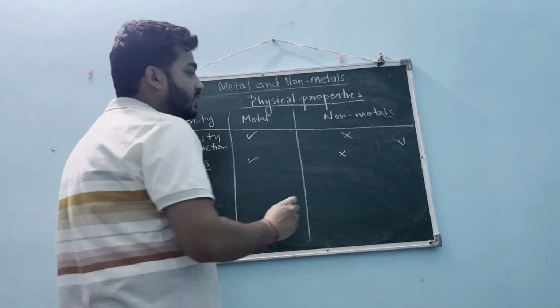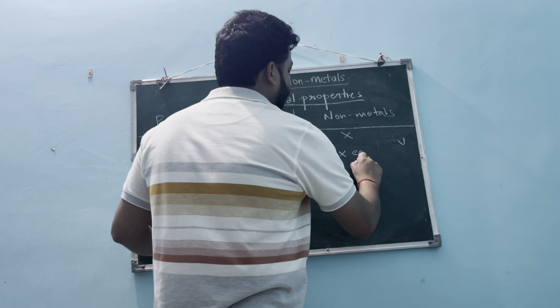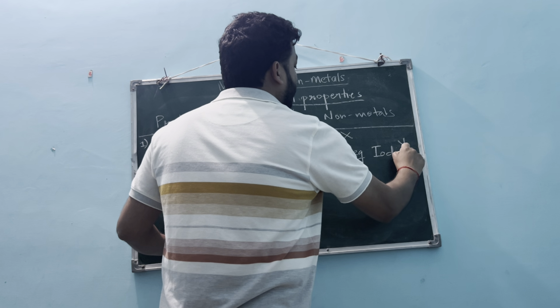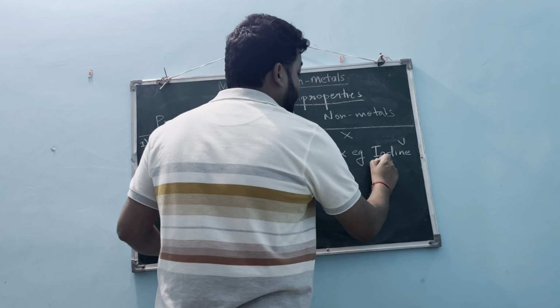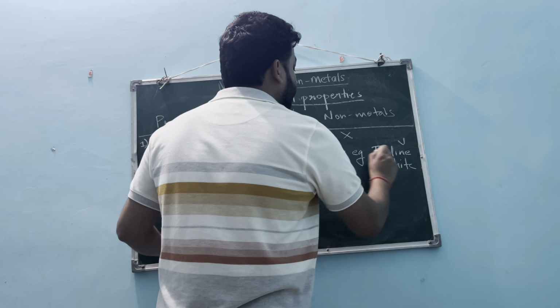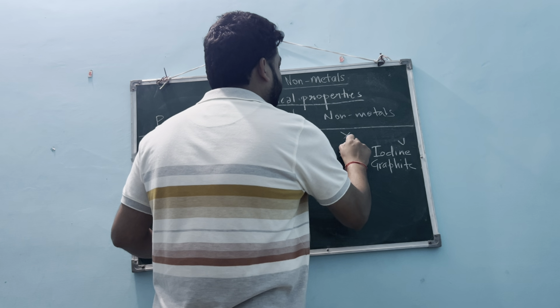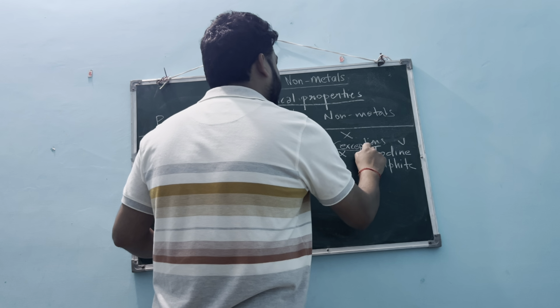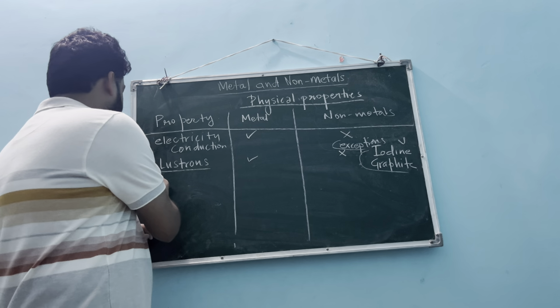Some exceptions are there. For example, iodine and graphite are also lustrous. These are the exceptions.